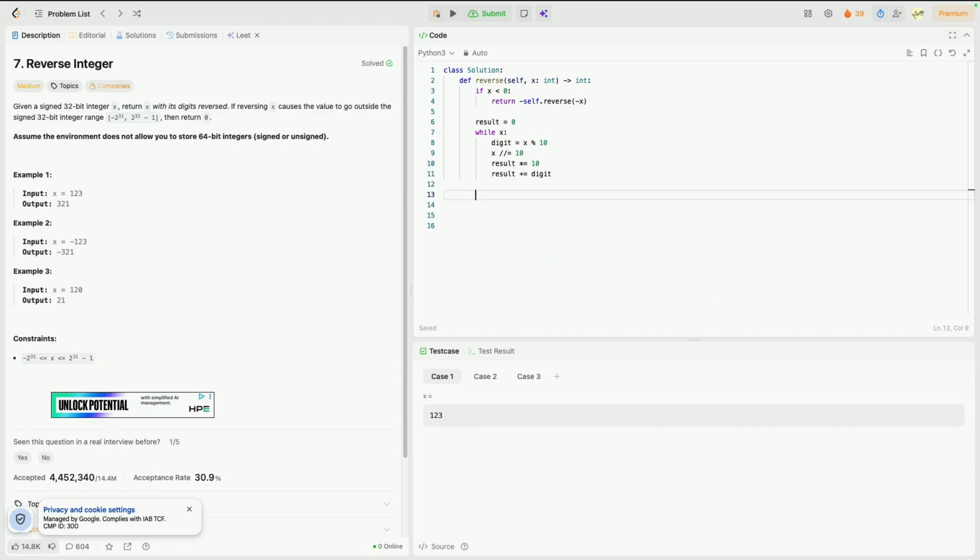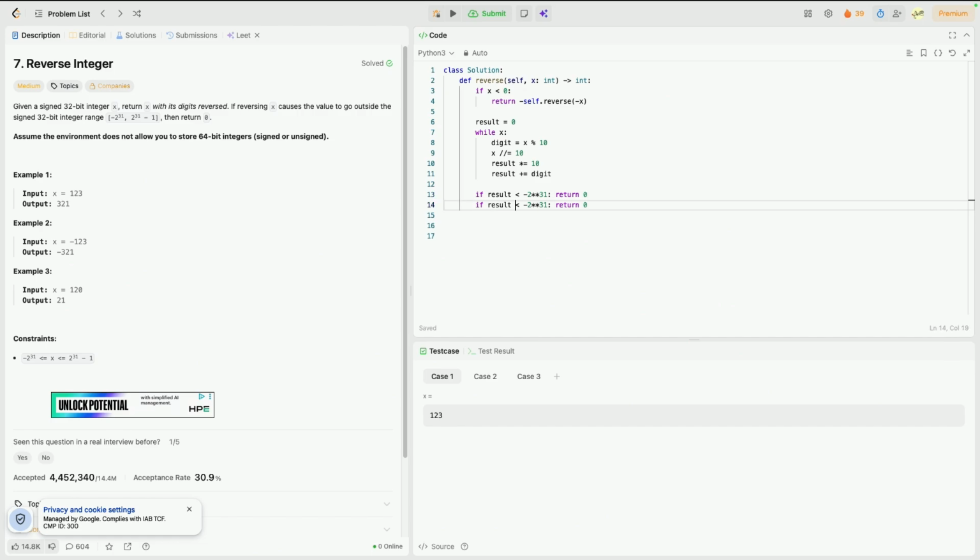Now we just need to check whether the result is smaller than int min, which is minus 2 to the power of 31, then we should just return 0, right?